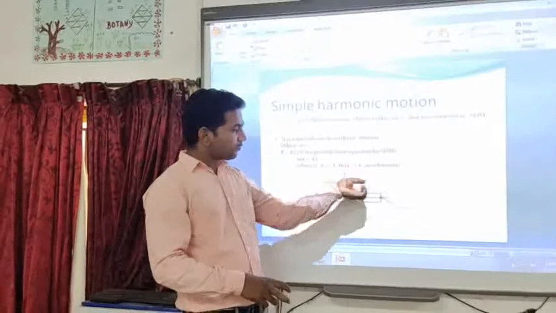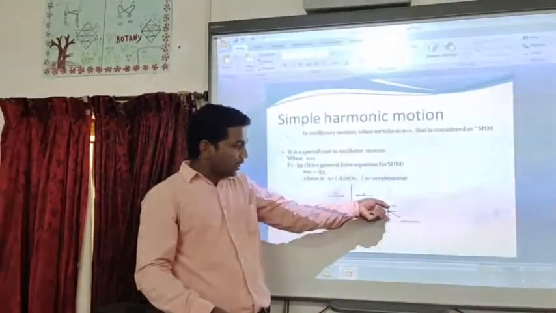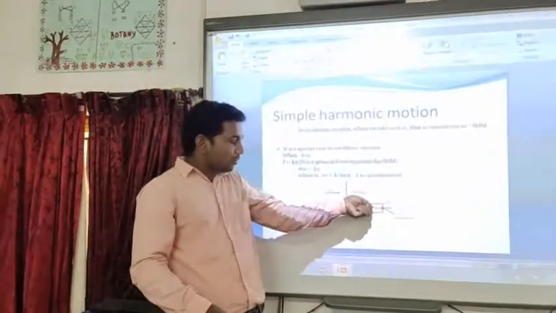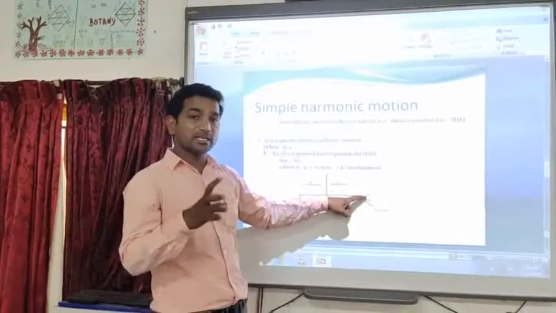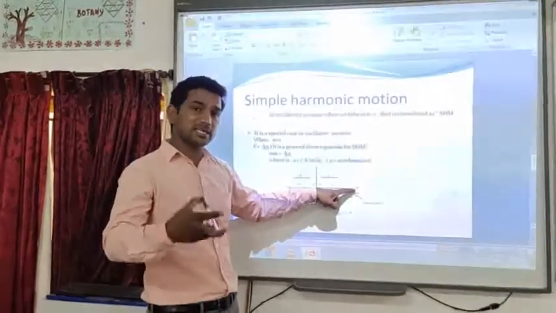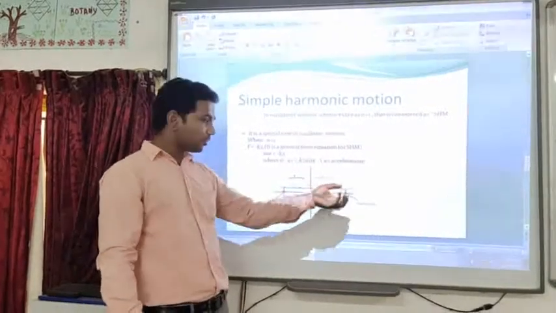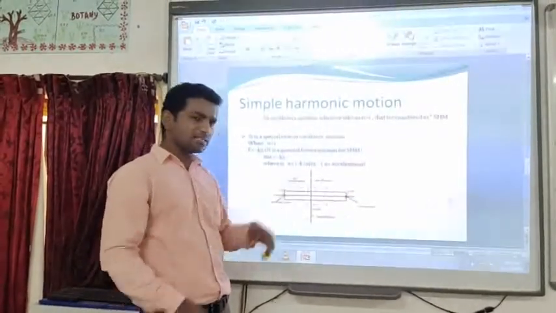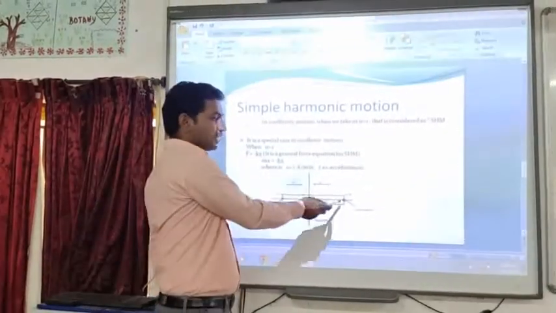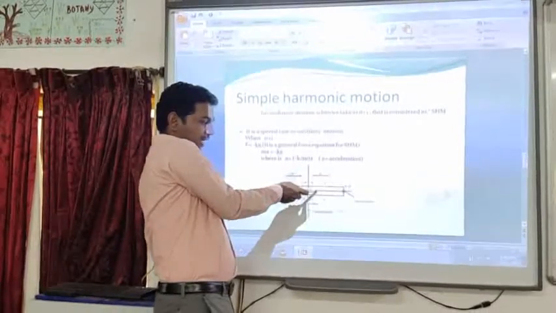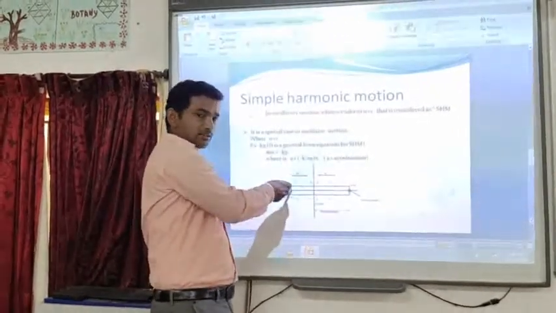Due to the force F equals minus kx, the force is trying to pull the object in this direction, so its velocity increases continuously. Is the velocity negative or positive? It is negative, because the object is trying to move in the negative region of x.